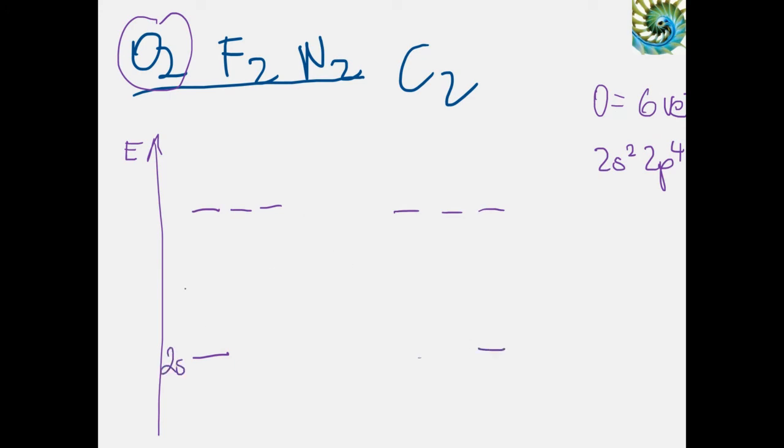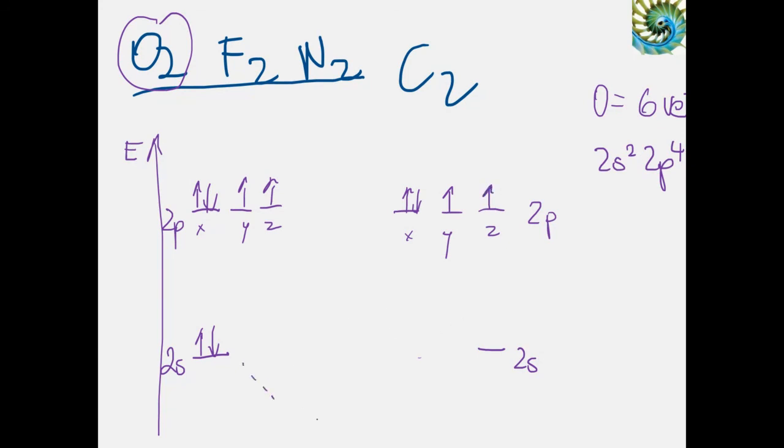You have a 2s and 2p, and of course 2s, 2p orbitals x, y, and z. You have 2 electrons on 2s and 4 electrons on the 2p orbitals.